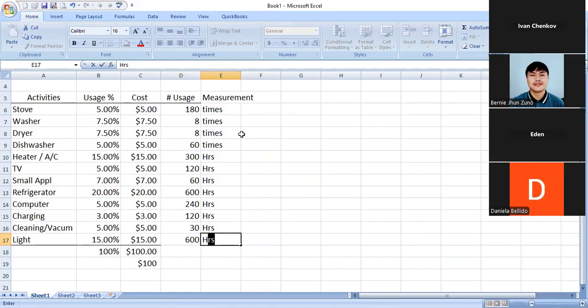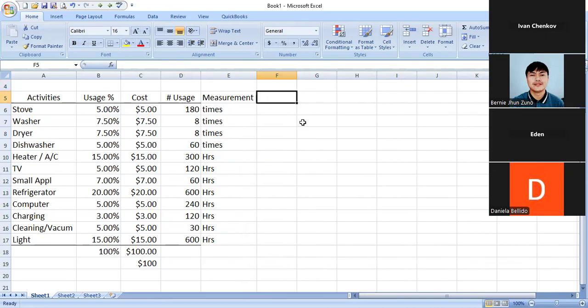600 hours. Okay, so now we have the cost, we have the usage, we have the measurement of that usage, right? What do we have to come up with now? Cost per unit. How are we going to come up with the cost per unit?